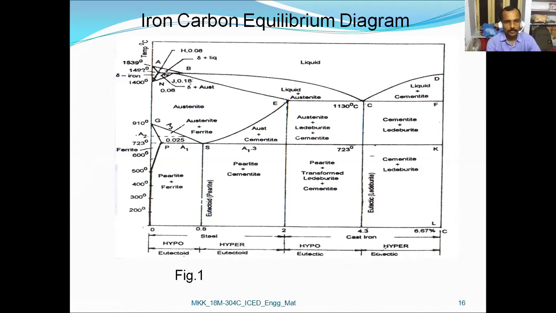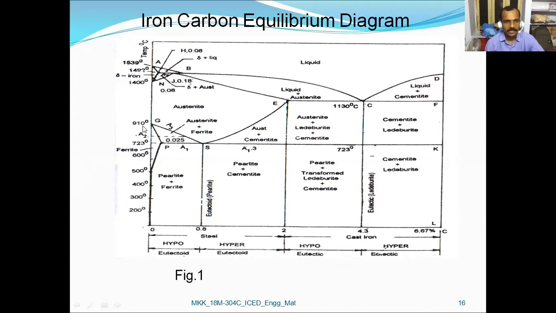Now let us move to the different temperatures at which these phase transformations occur. Let us start with the temperatures 0, 100, 200, 300, 400, 500, 600, 700 and 723 degrees centigrade.